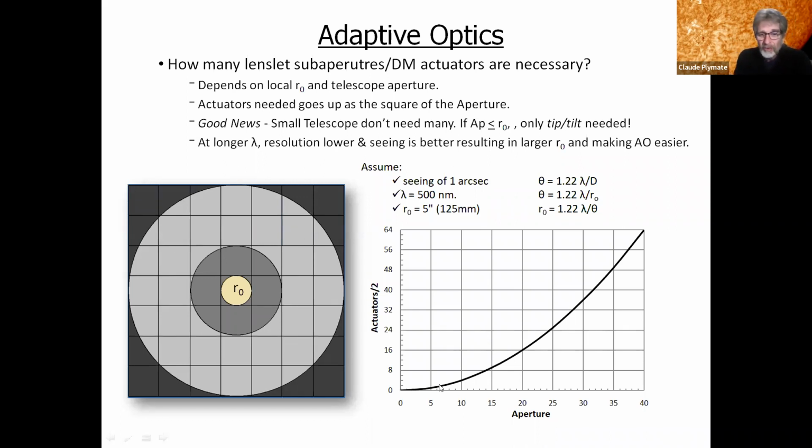Still, the number of actuators goes up again as the square of the aperture. So double the aperture, and you quadruple the number of actuators necessary given the same wavelength and seeing.